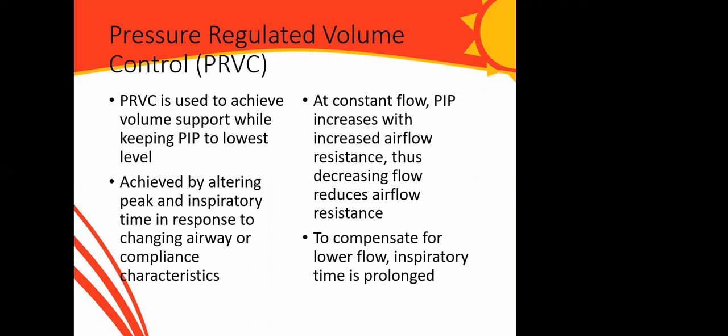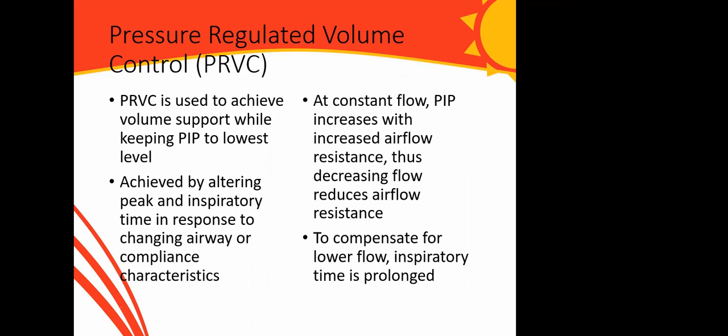If there's decreased compliance or increased airway resistance, what it does is that instead of increasing peak inspiratory pressure, it increases inspiratory time. It gives you more time so that your tidal volume will be delivered.